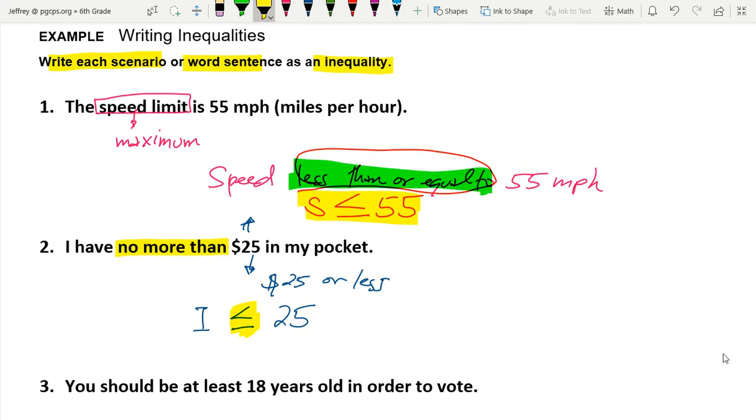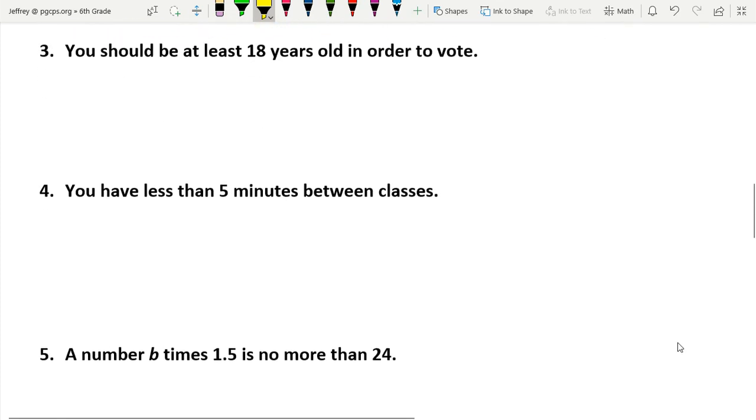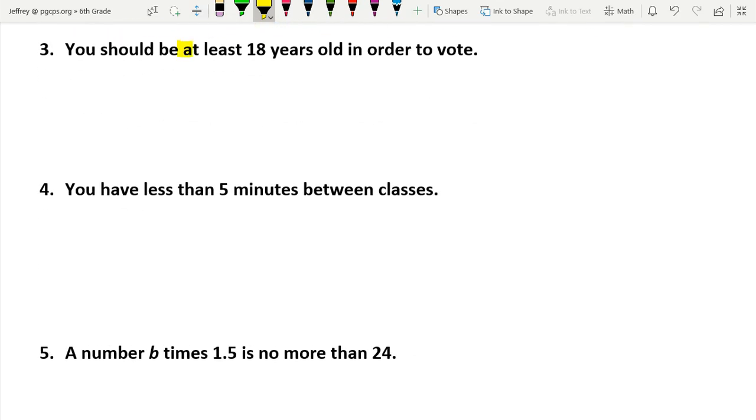Number 3, it says you should be at least 18 years old in order to vote. When you say at least, what does that mean? Can you vote when you're 17 years old, or can you vote when you're 19 years old? Can you vote if you're 18?